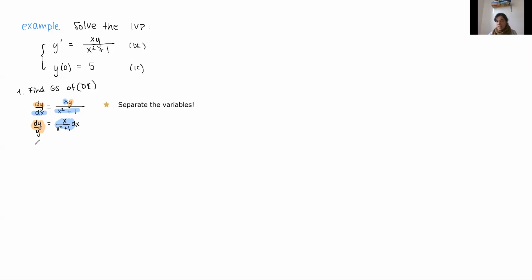On the left-hand side, I'm going to integrate dy over y, which is the same as 1 over y times dy. And on the right-hand side, I'm going to integrate x over x squared plus 1 dx.